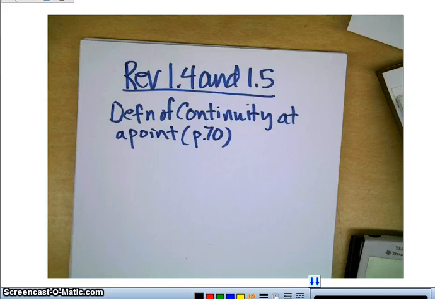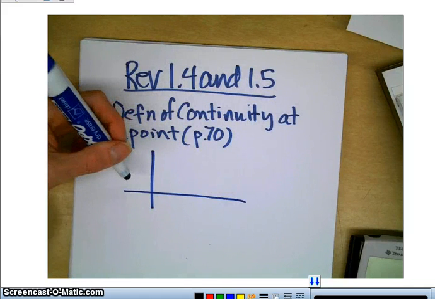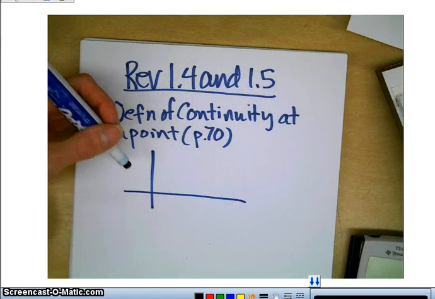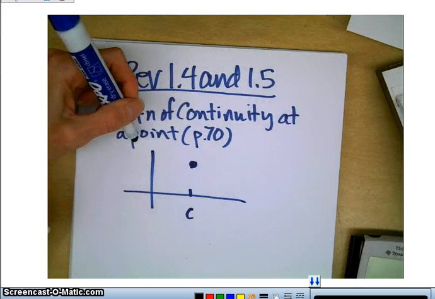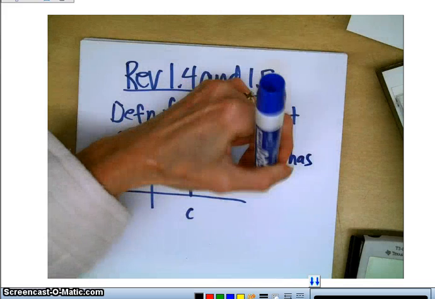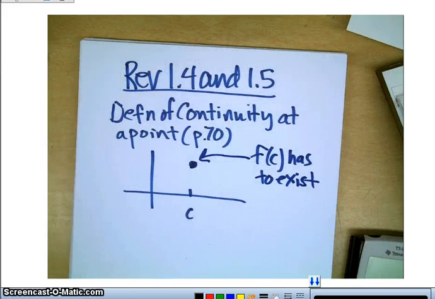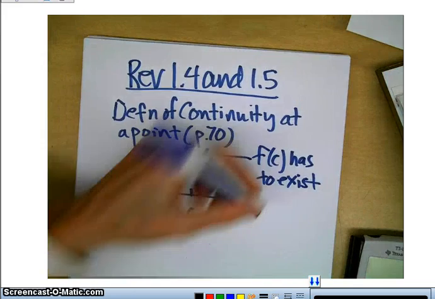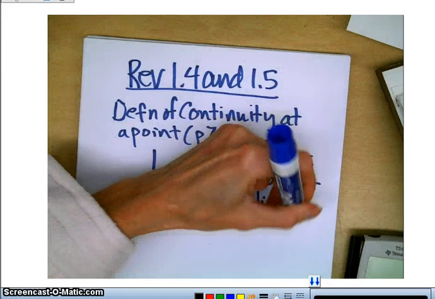What does it take to be continuous at a point? Basically, it has to have an f of c. It has to have a closed dot, so f of c has to exist. Right there it is, f of c, it's a closed dot. The limit as x goes to c of f of x has to exist.